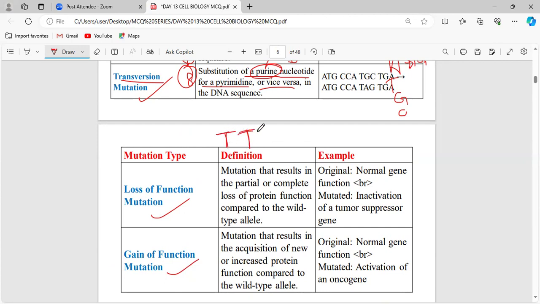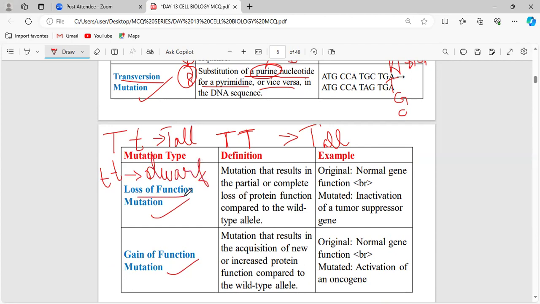Capital TT will code for a dominant character and results in a tall plant. If it is heterozygous, once again it codes for tall. And this will be a recessive character, both small t, and this will code for a dwarf.